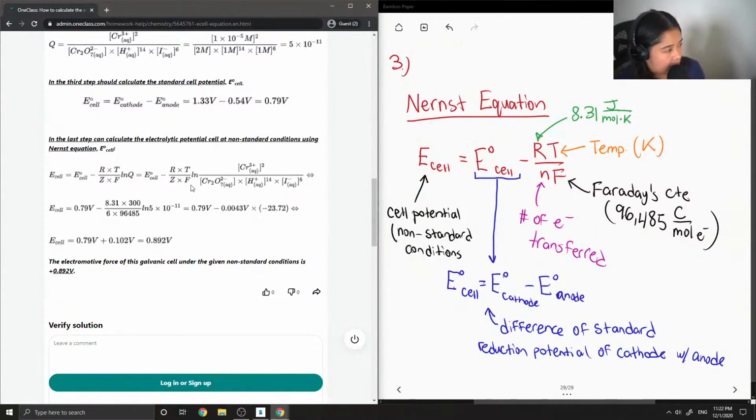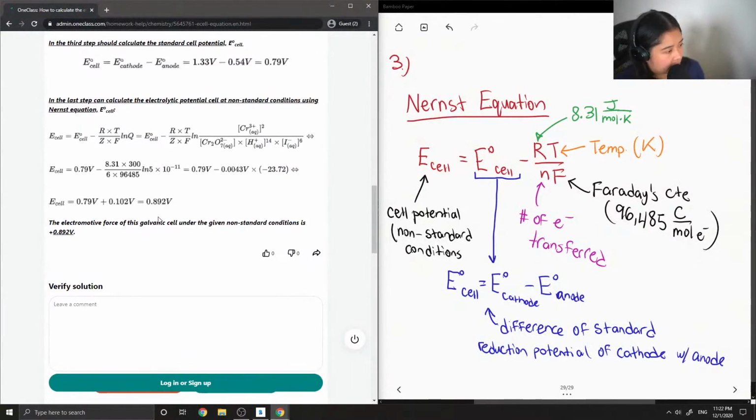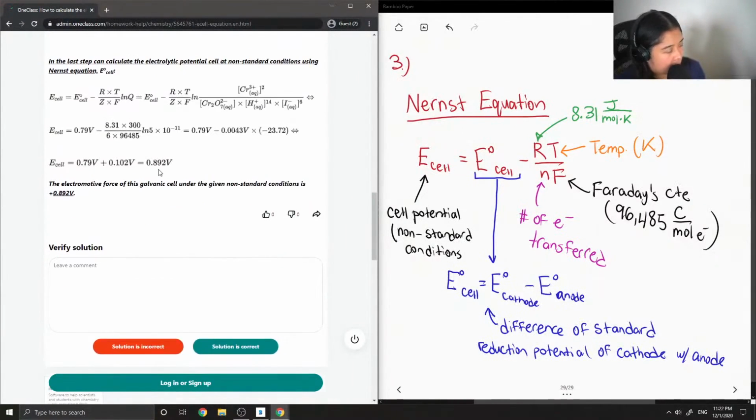Notice how they have it multiplied by ln Q. Yep, so now they're just plugging in all of the values. And they ended up getting 0.892 volts. Yep, so this solution is correct.